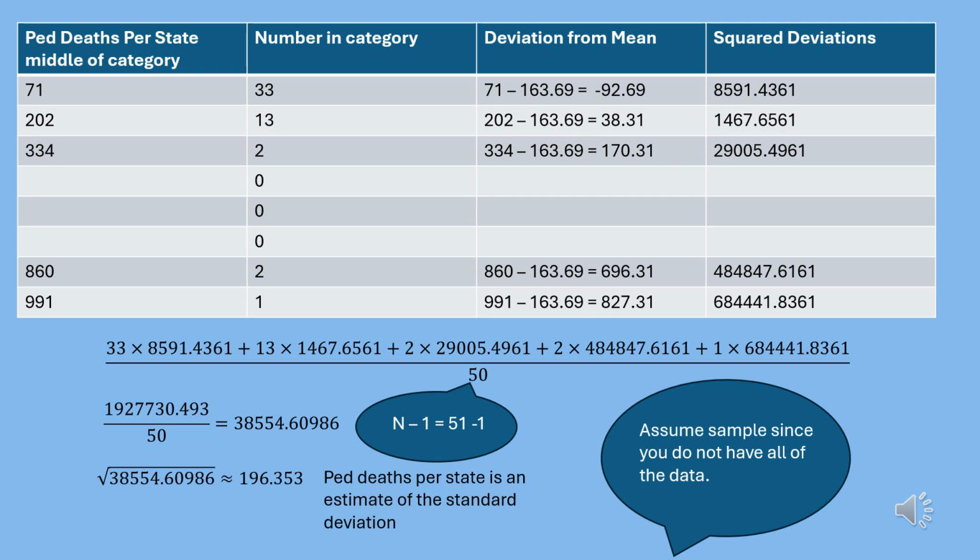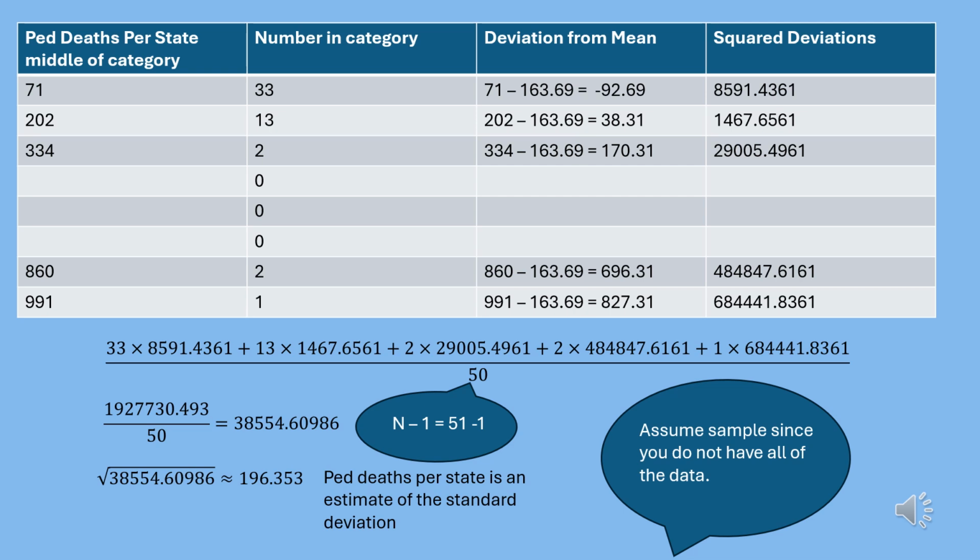So take 33 and multiply by 8,591.4361, then add 13 times the next squared deviation, and then add 2 times the next squared deviation, and then 2 times the next squared deviation, and then our last category only had one data value in it, and so technically you could just add the 684,441.8361. So that gives us the sum of all the squared deviations.